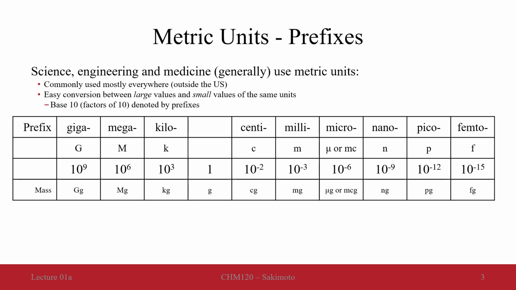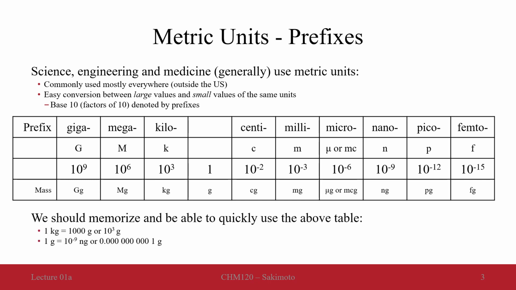It gives us easier units to work with, allowing us to talk about really large amounts of mass, things that are gigagrams or megagrams, or things that are very, very small, milligrams, micrograms, and nanograms, each of them related by a factor of 10, in many cases separating them by a factor of 1,000.